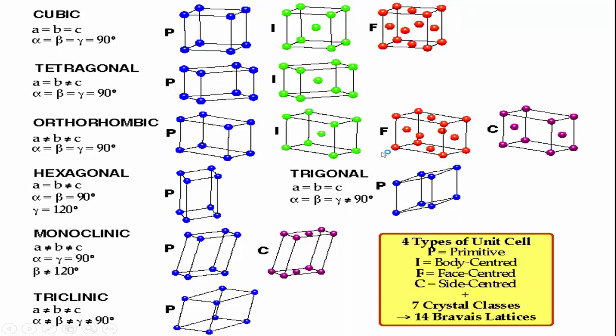These are the shapes, and this is the trigonal. And there are 4 types of unit cell. We have P for primitive, I for body-centered, F for face-centered, C for side-centered, and we have 7 crystal systems and 14 Bravais lattices.